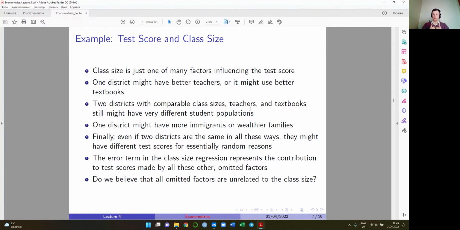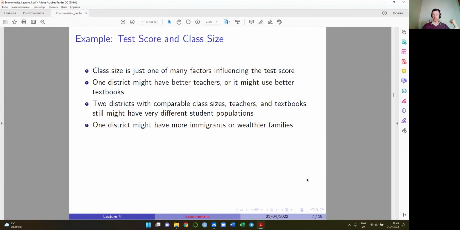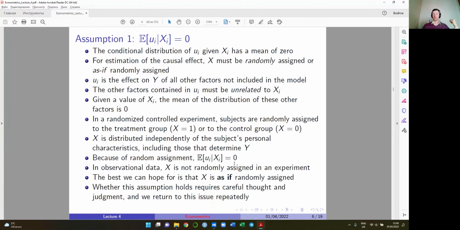So therefore, we are not sure that all these omitted factors are unrelated to the class size. And going back, we are not sure that this assumption holds. That's a problem. That's how you need to verify this assumption.